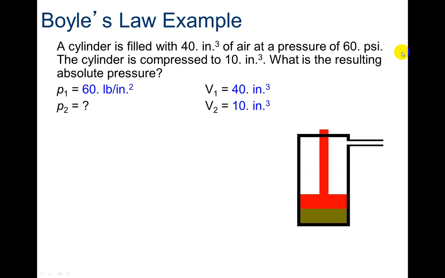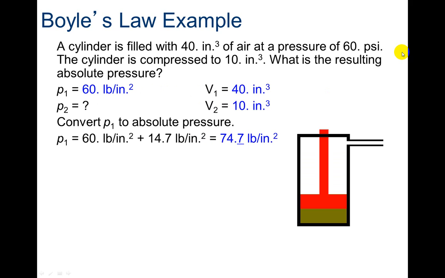Okay, so here is my knowns. Okay, I've got to convert first that 60 pounds per inch squared, or psi, into absolute pressure because it does ask for the resulting absolute pressure. Now, if it told me this was absolute pressure and it wanted it in absolute pressure, I wouldn't have to go through this step first.